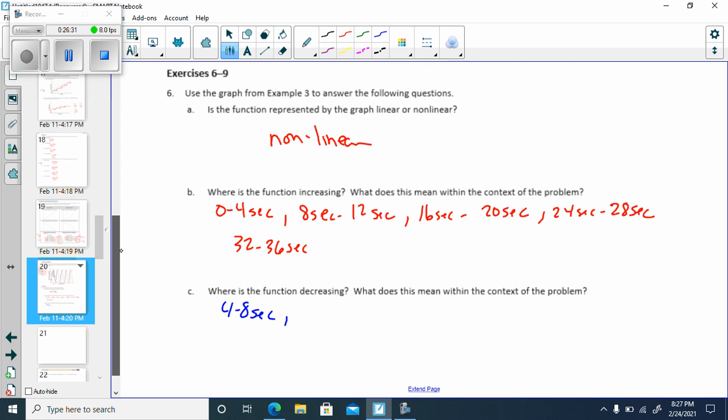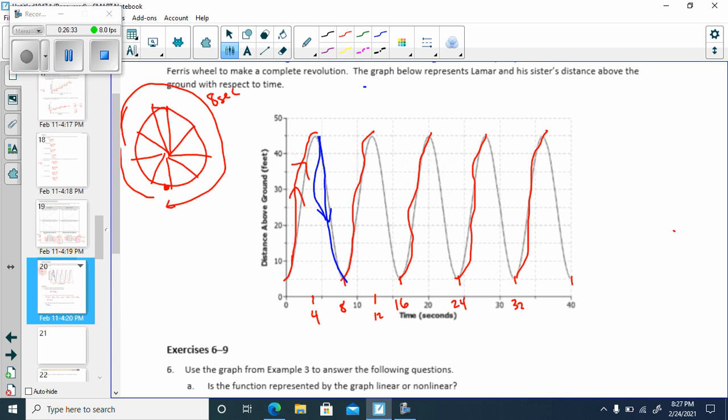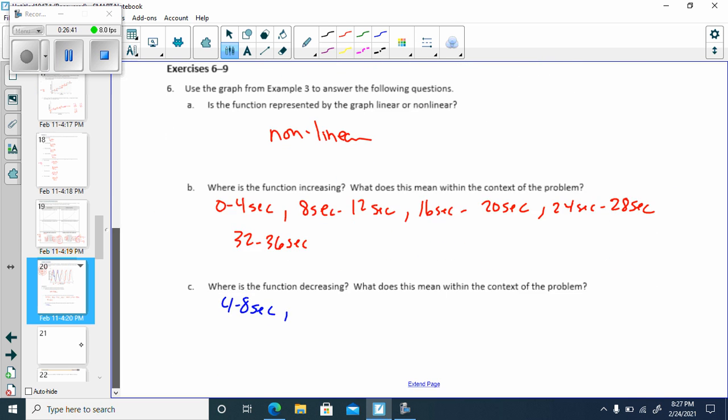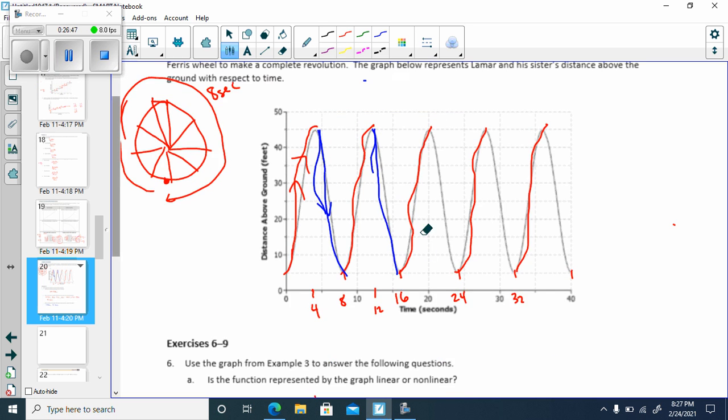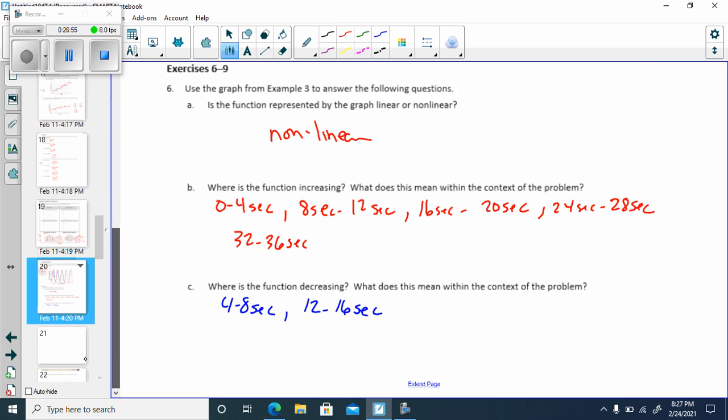So let's see if there's any other places that's going down. It's decreasing, yeah, right here. Let's see, that would be from 12 seconds to 16 seconds. It's decreasing. Okay, now let's see where else it's decreasing. It's decreasing here from 20 seconds to 24 seconds.